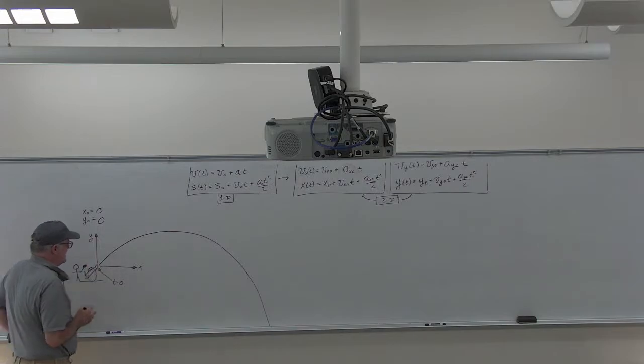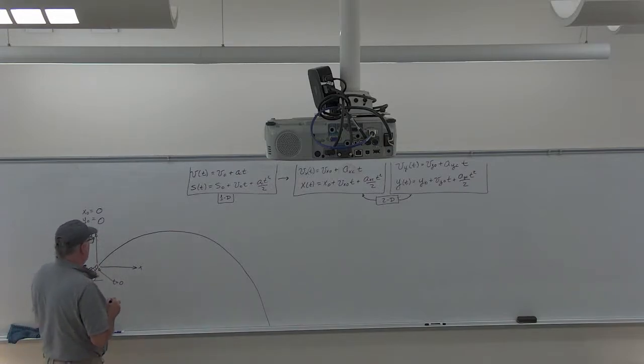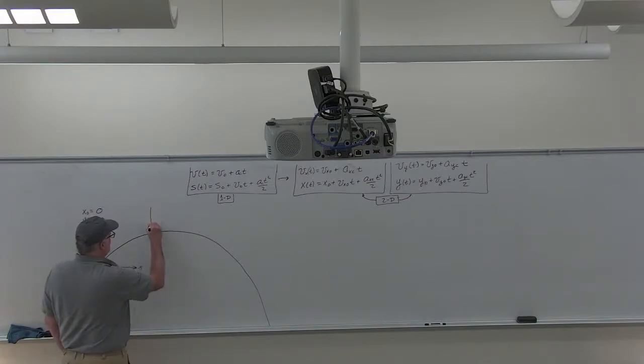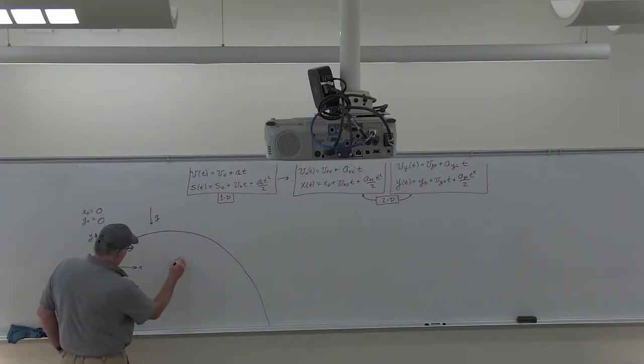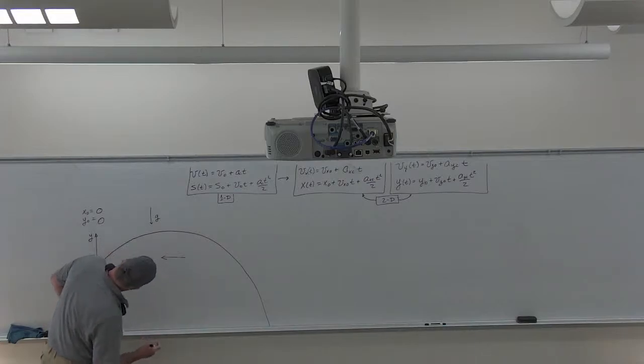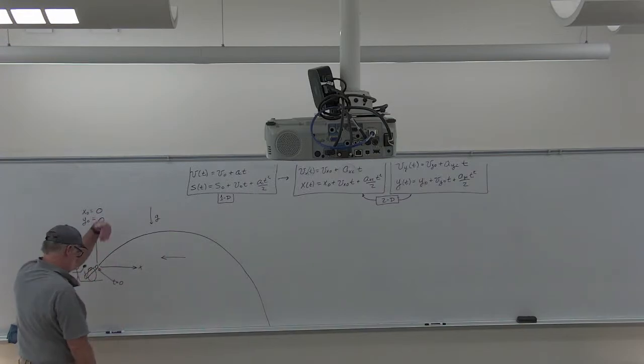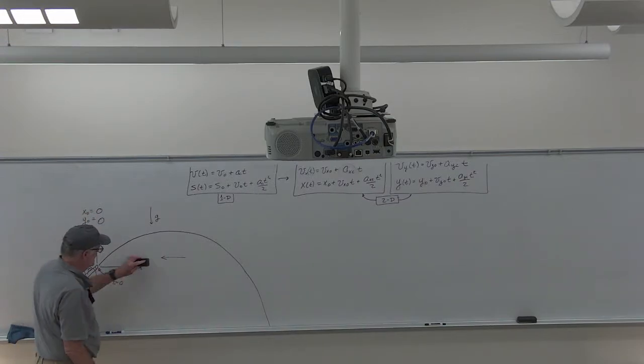Okay, so the next thing I've got to identify, and usually in physics it's implied, is that gravity goes like this. I mean, you can turn your head and say this is gravity, but physically it goes like this to me, and then I draw a coordinate system, so that makes sense.